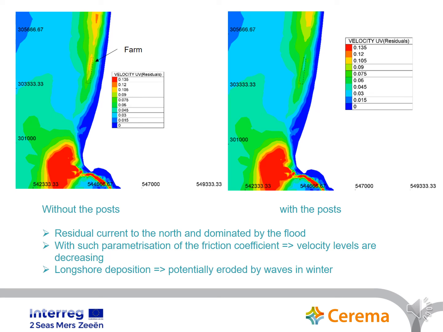But in the numerical model, we only consider the influence of the tide. It corresponds to a summer condition when the wave activity is low. We have seen in the beach profiles that we have sedimentation during the summer near the posts, and then during the winter, the sediment can be remobilized by the wave activity.